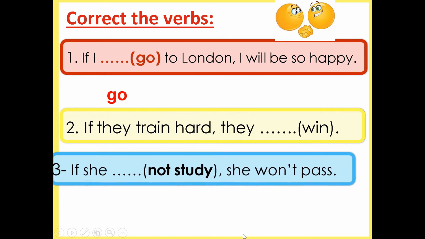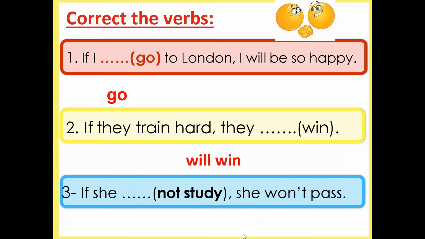Number 3, if she, in brackets, not study, she won't pass. As you can remember, I told you before that if you want to make a negative form in the present simple, you have to add don't or doesn't according to the subject. If it is singular, you have to add doesn't and the infinitive form of the verb.